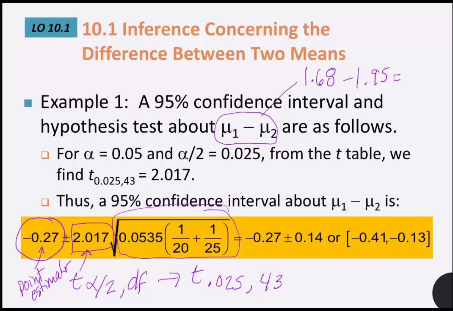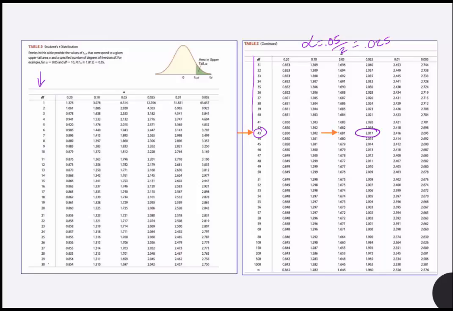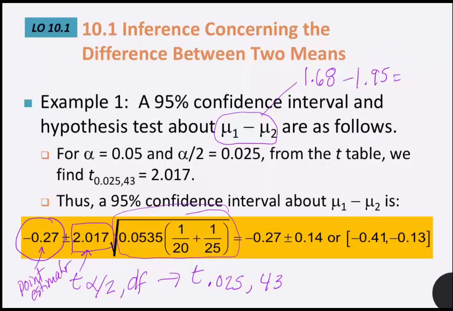So we multiply all that out, and we find out that we've got 0.27 plus or minus 0.14, or our difference ranges between negative 0.41 and negative 0.13. So what that tells us is that our difference does not cross over 0.